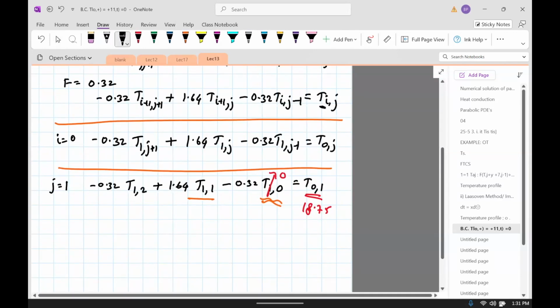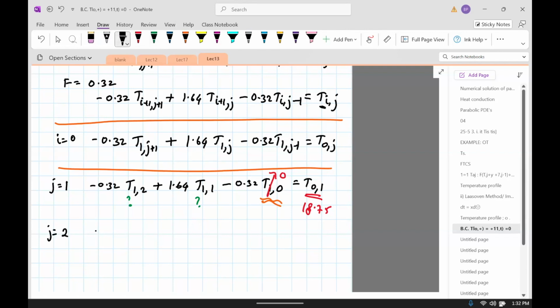So now we get this equation here with two unknowns. This one is unknown, and that one is 0. So we cannot solve for two unknowns using one equation. So we need to just keep moving forward. Let's put j equals 2 in this equation, minus 0.32 t1.